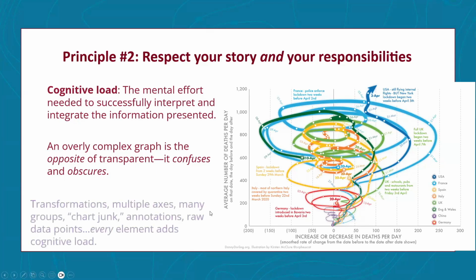Between all the transformations that were done on both axes, to the large number of countries that are shown on the graph here simultaneously, to the inclusion of text annotations on the graph, to the hidden third axis of time, which is in here along the lengths of every line, to the arrow tip that is seemingly used only once in the whole graph, to the inclusion of raw data points, which is what these white dots indicate.